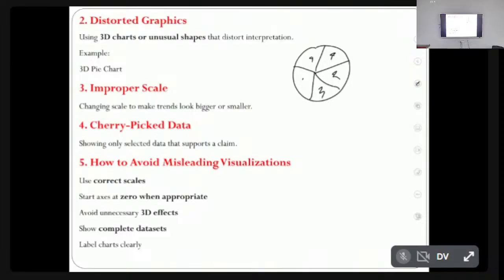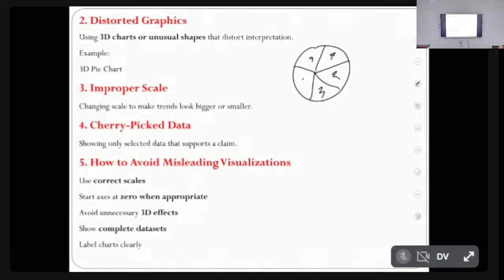So when you take an image, what do you do to avoid it? Avoid unnecessary effects. Write down, avoid unnecessary effects. Next one, use correct scale. Use correct scale. Next, show complete data set.